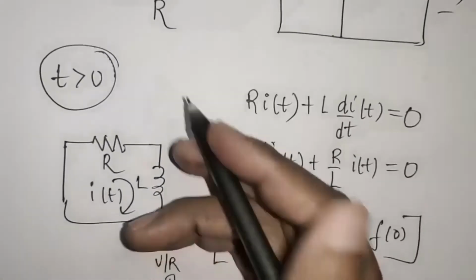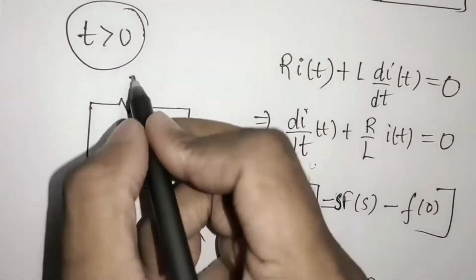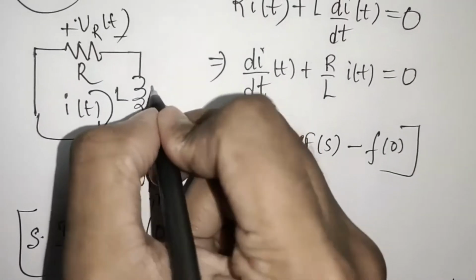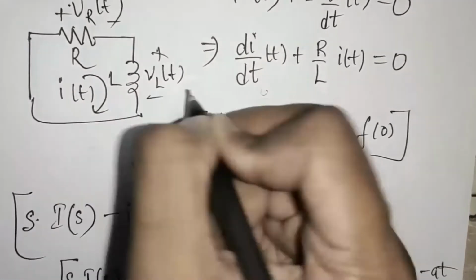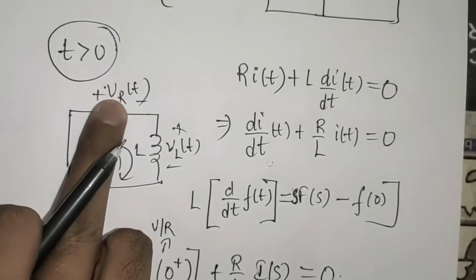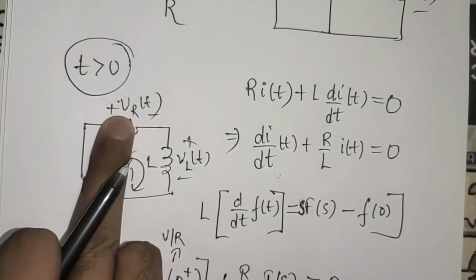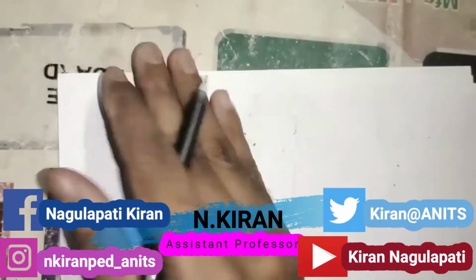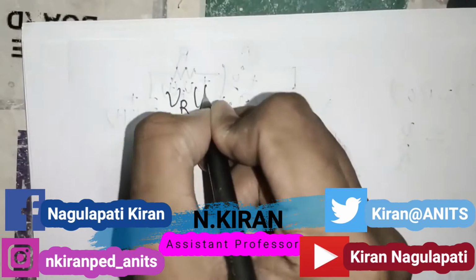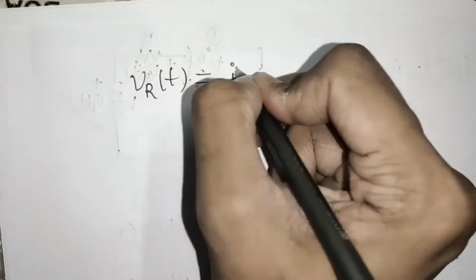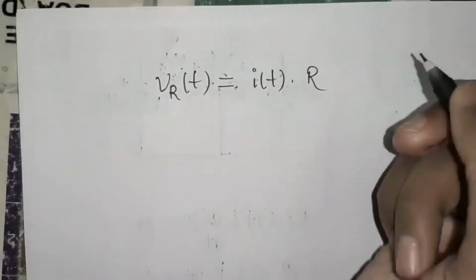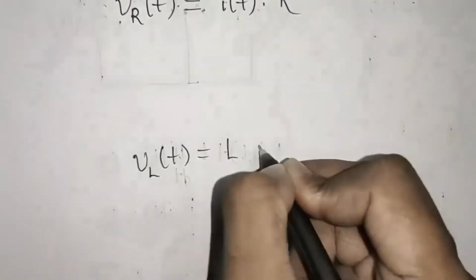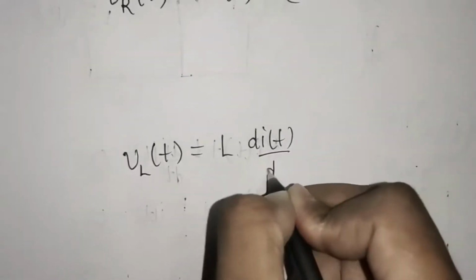Suppose the voltage across the resistor is VR of t and the voltage across the inductor is VL of t. We will also derive the expression for VR of t and VL of t. The voltage across the resistor, as we all know, is I into R, and the voltage across the inductor is L into di by dt.